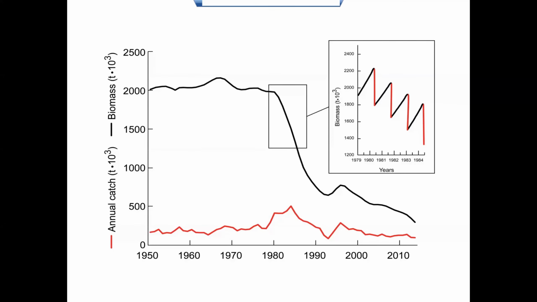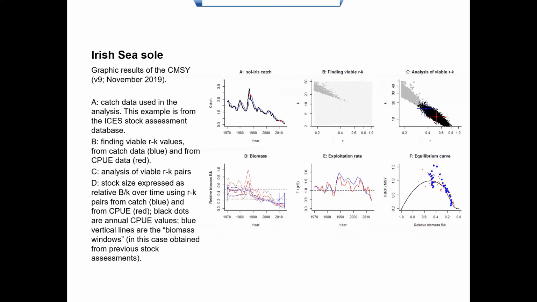Well, basically, you start with a catch, and for a wide range of K values, a wide range of carrying capacity and growth rate, you project thousands and thousands of trajectories.